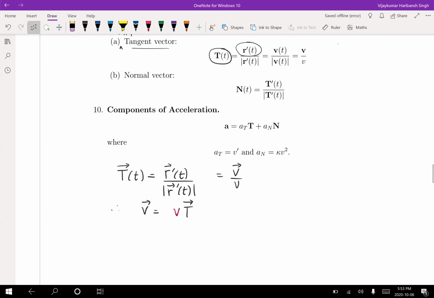This implies a of t, which is your v prime. Again, we have to use the product rule here: v times T prime plus v prime times T.